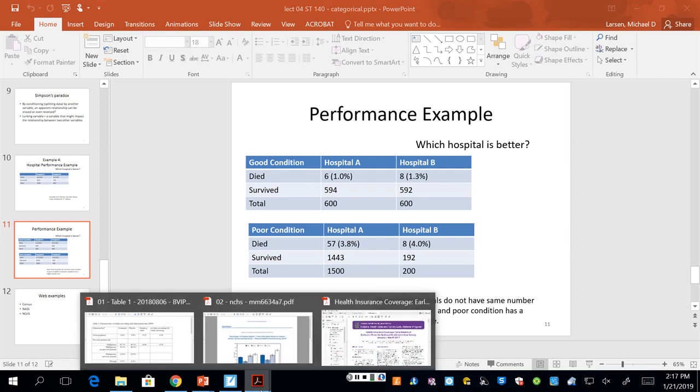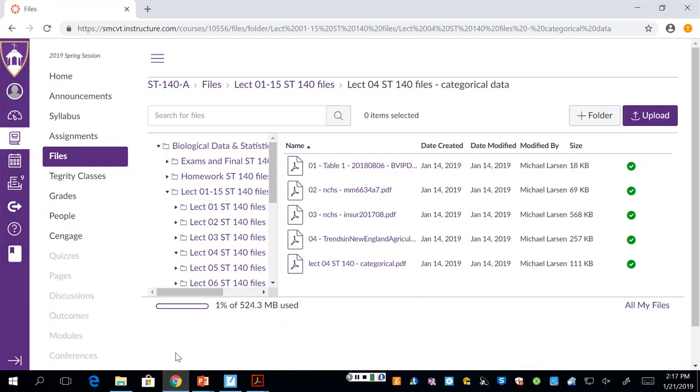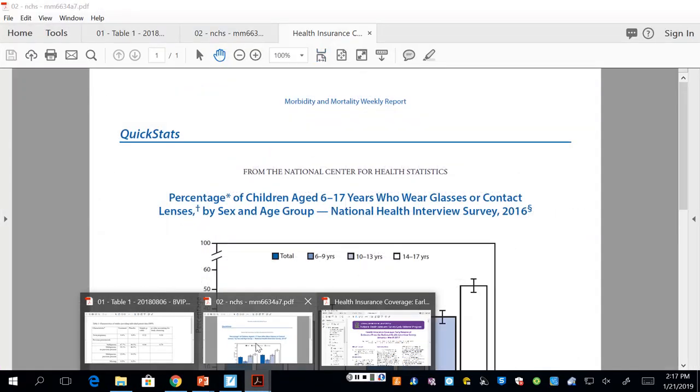You don't have these. These are included on the website for the class. So if you wanted to download these or look at these again, they're there in the files, right, under lecture 4 today.